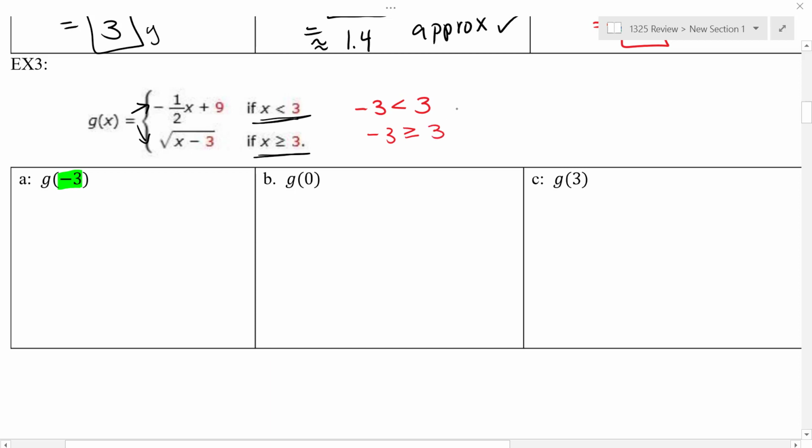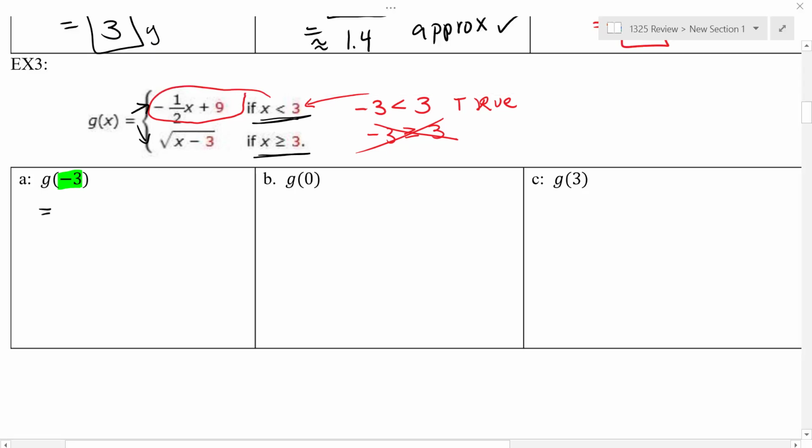So which one of those statements is true? Well, negative 3 is definitely less than positive 3. That's a true statement. Negative 3 is not greater than positive 3. So that's a false statement. So what that tells me is that the x value of negative 3 makes that top inequality true, so I have to use that top equation when doing the evaluation.